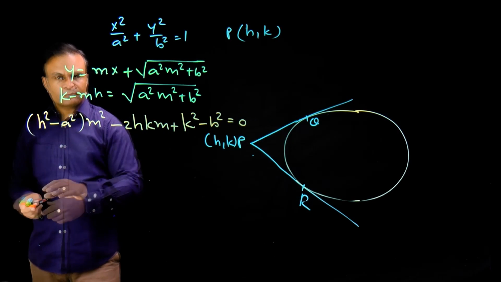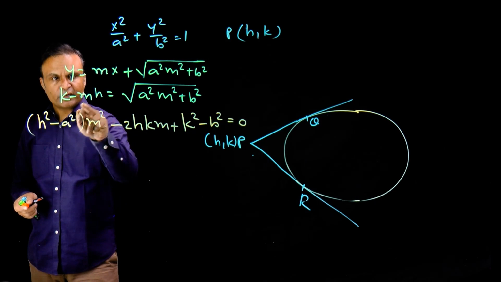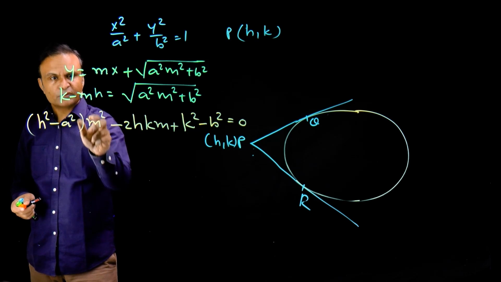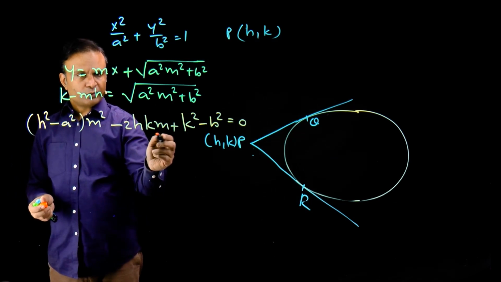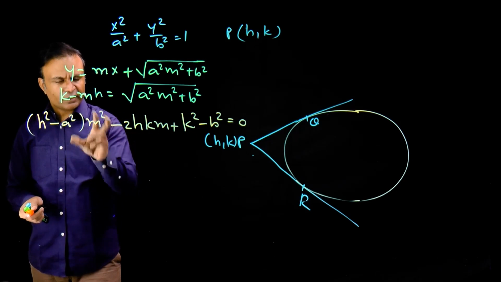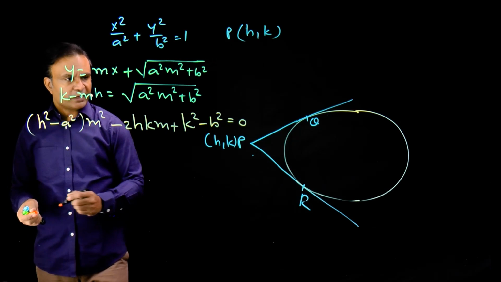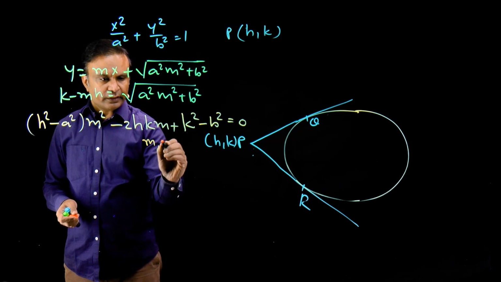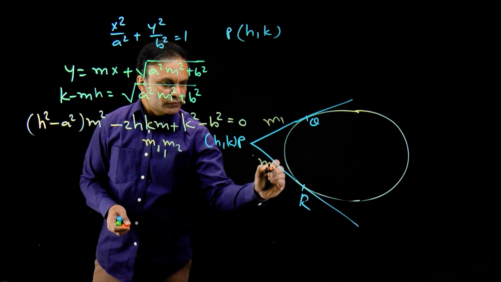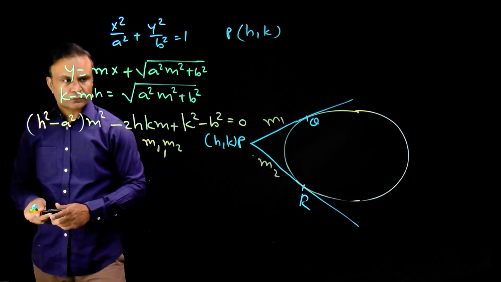Let's check this. By squaring this, we have h square m square. From here we have a square m square. So we have h square minus a square m square. The middle term is minus 2hkm, and we have k square minus b square. We have a quadratic in m. We have two roots m1 and m2, which are the slopes of these two tangents.